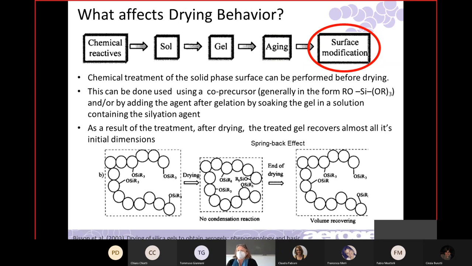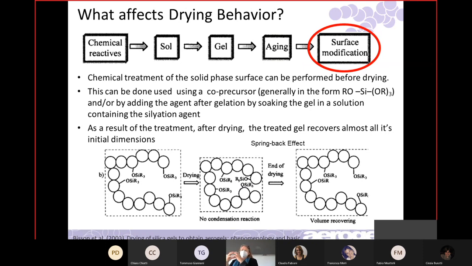And so you can do that when you mix chemicals, or people also take the wet gel and they soak it in something else, like hexane or something like that, before trying to dry it. And so what happens when you treat that? We have a treated surface here, right? Instead of just the OHs, we have this treated surface. You dry it, it might shrink, but then it doesn't condense and form new bonds, and springs back.